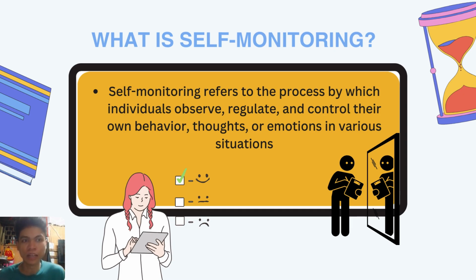For example, a student practicing self-monitoring might track how often they get distracted during homework and then try different strategies to stay focused. In social situations, someone who self-monitors might adjust how they speak or act depending on who they are with. So that is self-monitoring, which is also useful in non-cognitive assessment under student self-assessment.